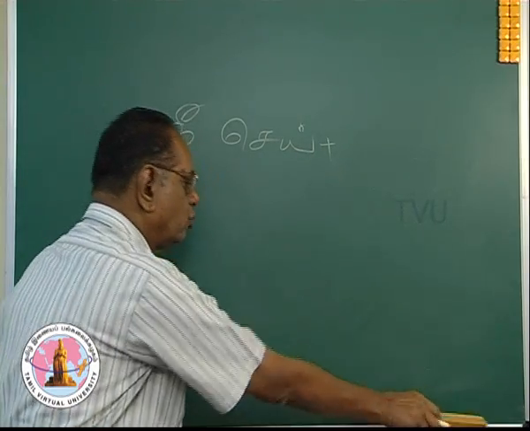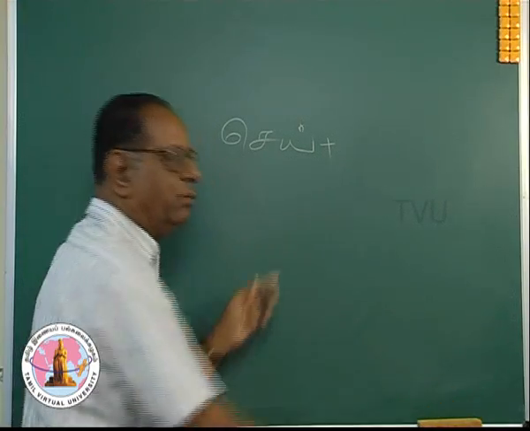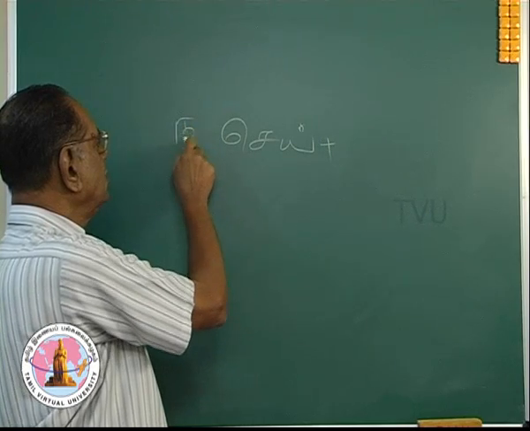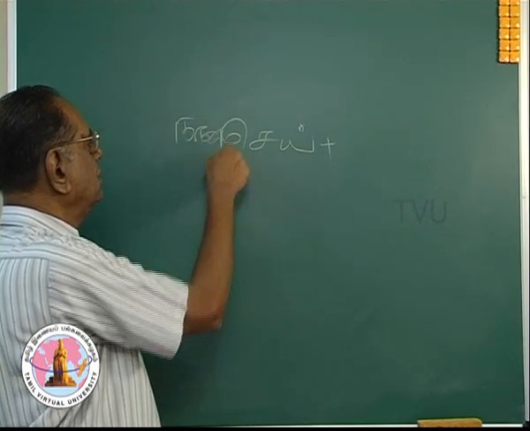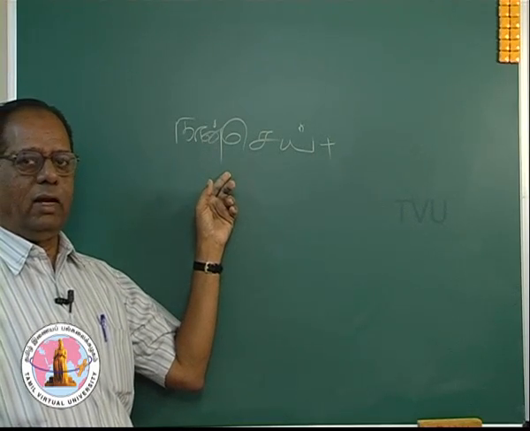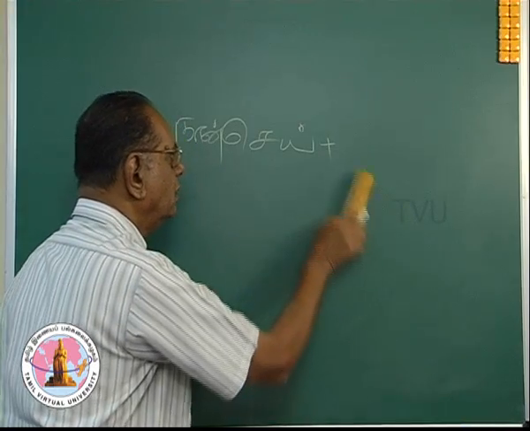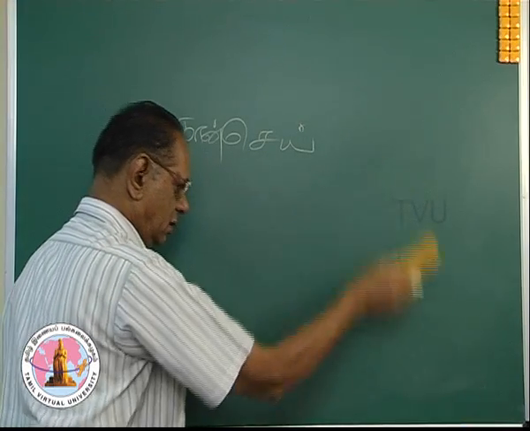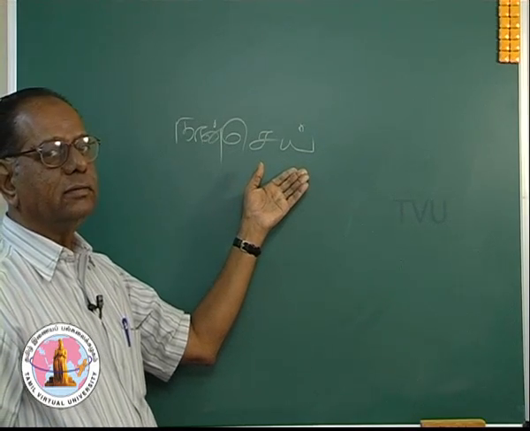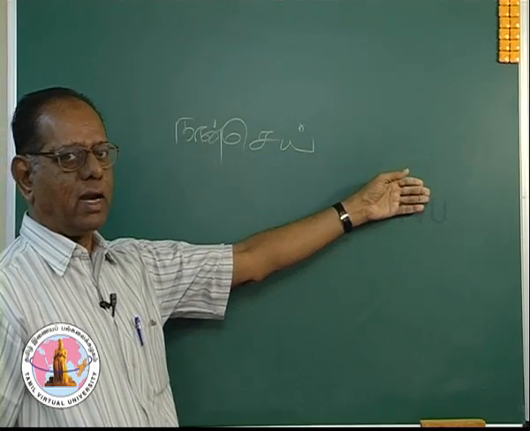Now, I would like to have a statement out of this with the first person singular as the subject. Naan is first person singular and the verb must be complete with the tense marker and the personal marker.